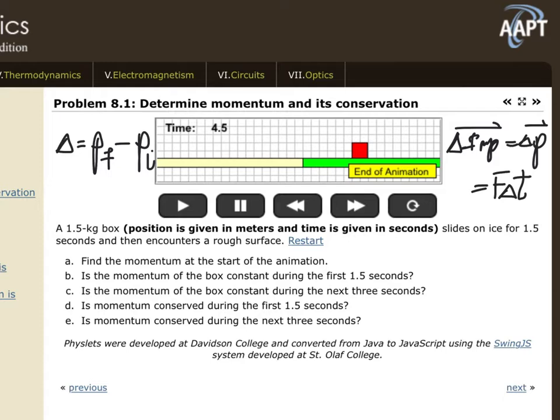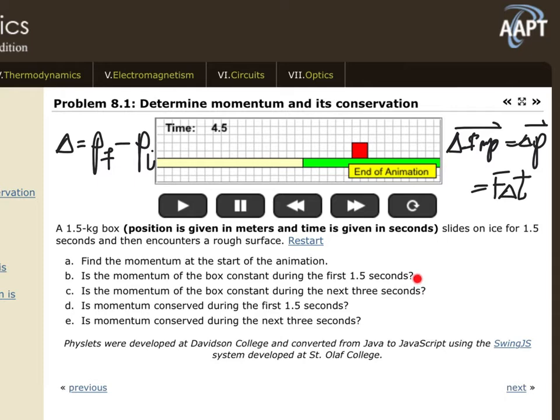And once it stops, then friction is no longer an issue because it's not sliding. So those are all the things you have to measure, and with those you should get the answers that are posted.